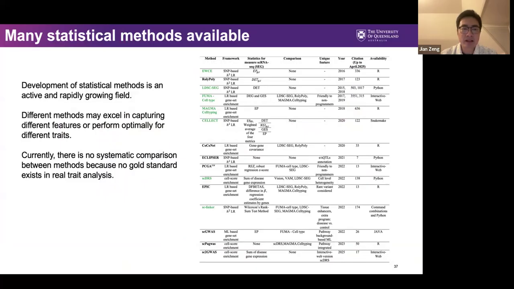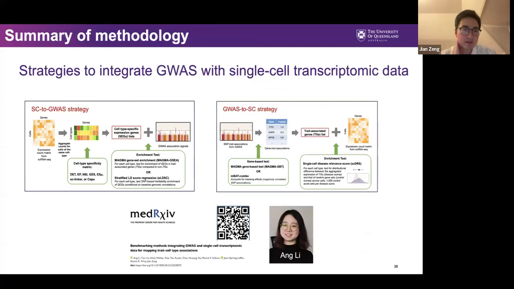However, we feel there is a lack of a comprehensive comparison between methods and an evaluation of what factors affect their performance. So this is where our study starts. We're trying to first summarize the common strategies to integrate the GWAS with the single cell gene expression data.